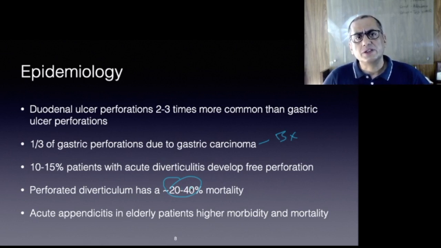In elderly patients, acute appendicitis has a mortality of 35% and a morbidity of 50%. The major contributing factor to morbidity and mortality in these patients is the presence of one or more severe medical conditions coexisting with but predating the appendicitis.